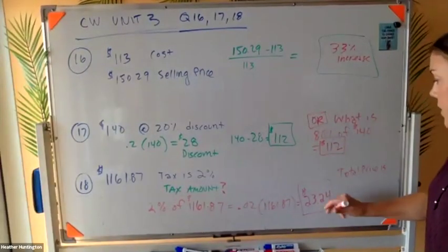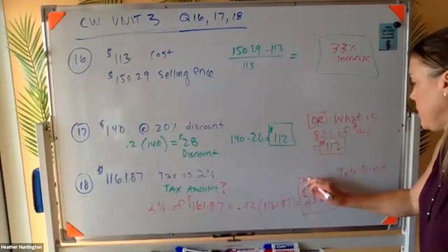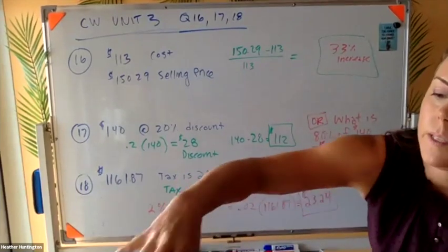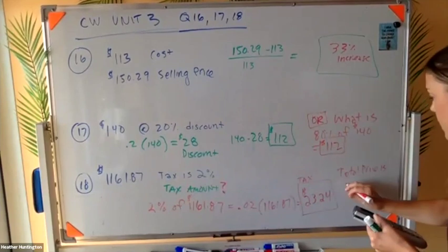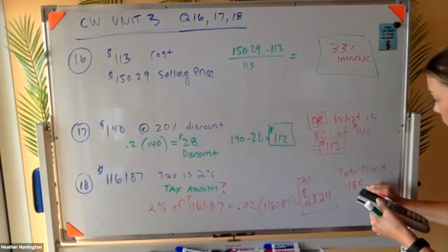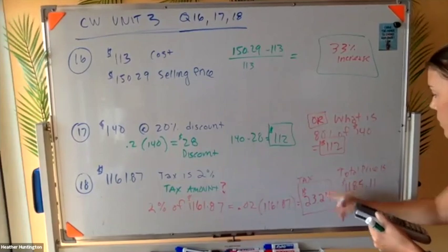What's the total price if this is the tax amount? 1,185. Good. Now, I'm challenging you all to find a quicker way to get to the total price without doing this step.